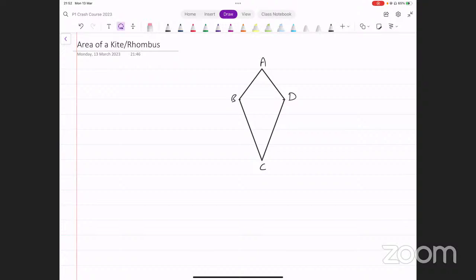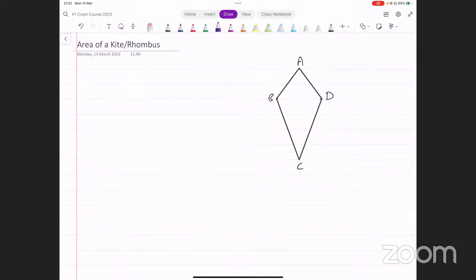Now, one idea is that you break it down into two triangles and you say that the area of kite ABCD is equal to, let's break this kite down into two triangles like this. So the area could be equal to 2 times the area of one of these two triangles.